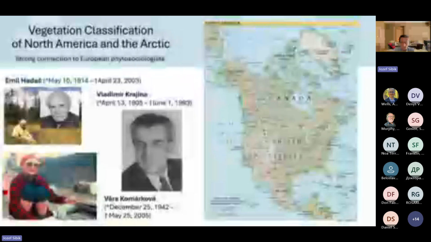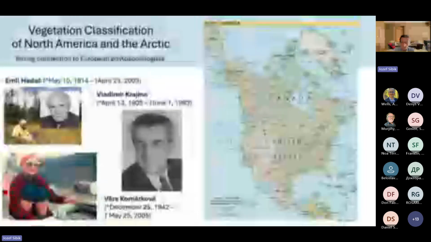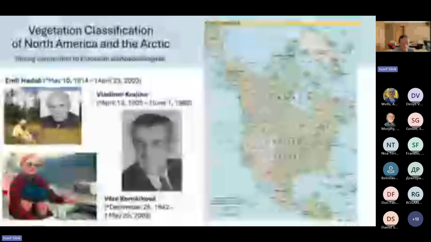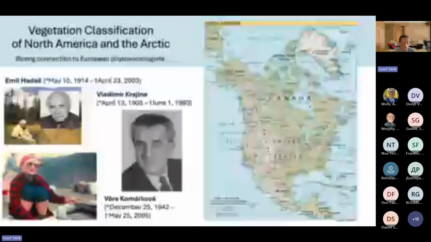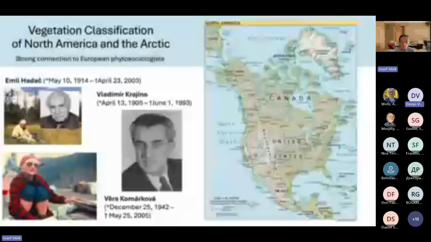Věra did her research in the Rocky Mountains and in Alaska, Vladimír Krajina in Canada, British Columbia, in the Rockies. However, all these guys started their research in the Tatra Mountains, the highest mountain range.